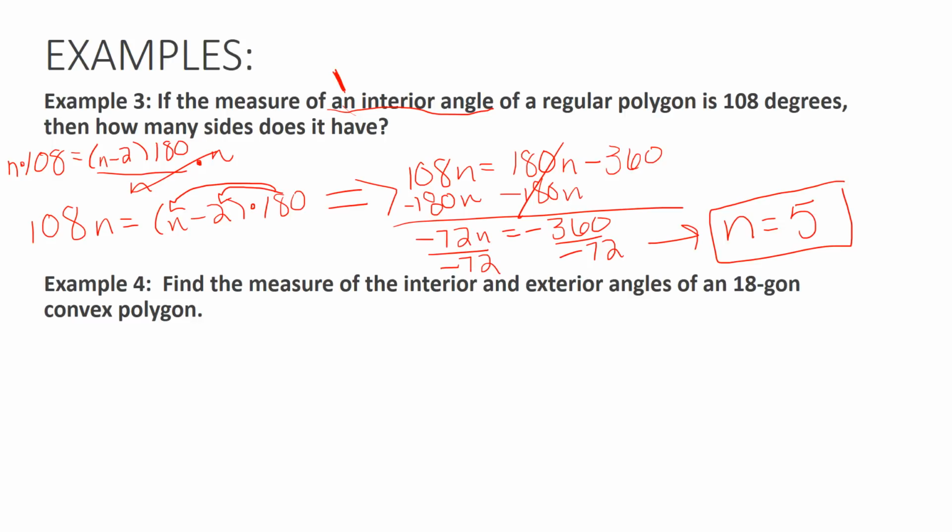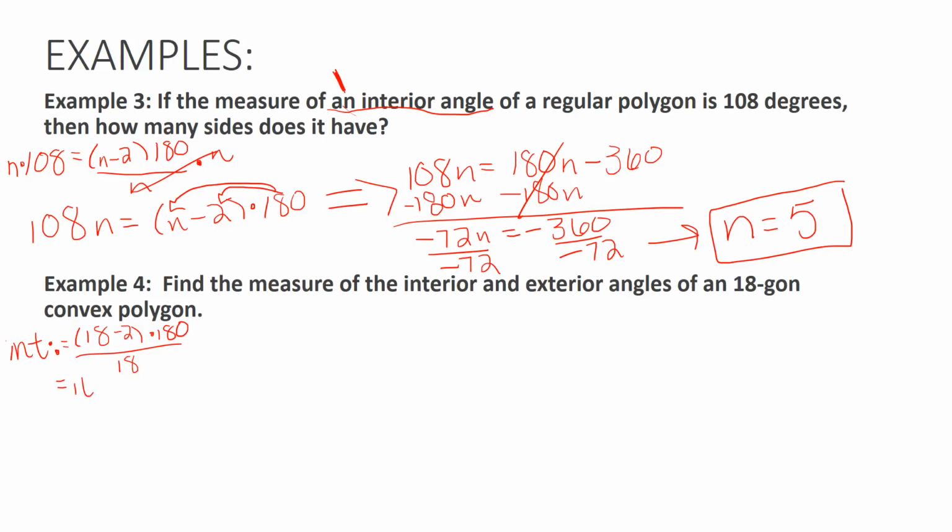Example number 4. Find the measure of the interior and exterior angles of an 18-gon convex polygon. So for an interior angle, we're going to have to use n minus 2 times 180 all over n. So we're going to have 18 minus 2 times 180 all over 18.